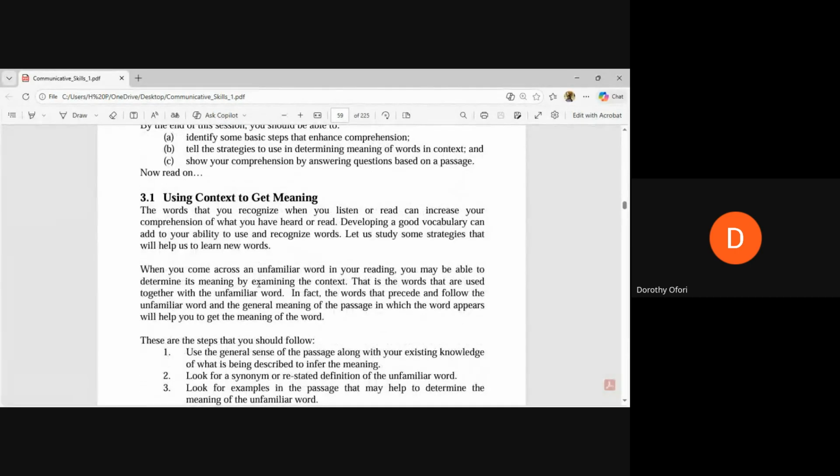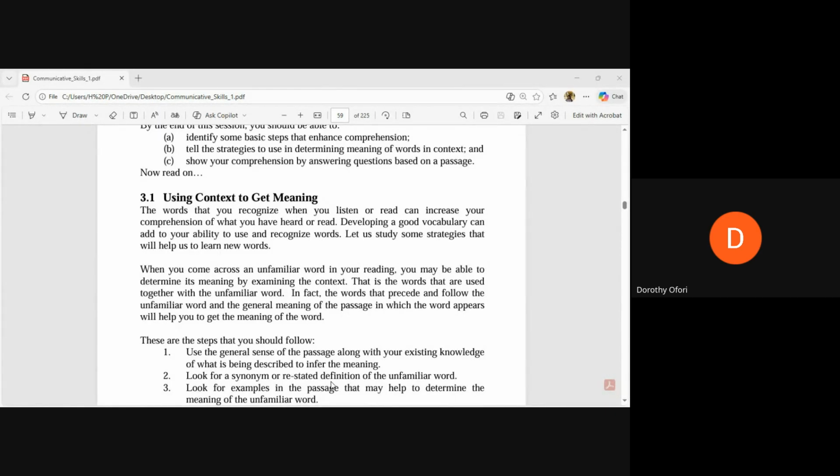Now let's look at using context to get meaning. When we talk about context, we are looking at a particular situation or a surrounding in which an utterance or a word is being said. Let me give you this example. When I am angry, let's focus on the word Charlie that we know.